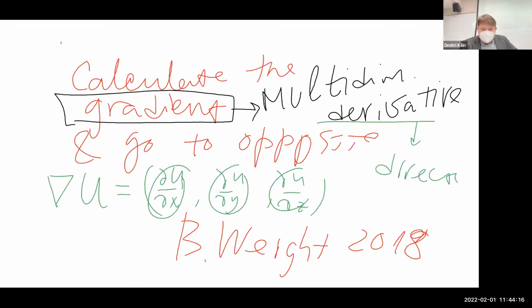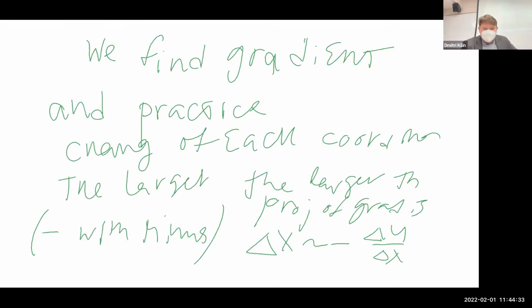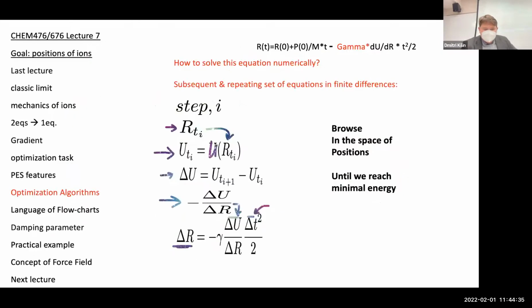So if it is more than 1 degree of freedom, the gradient is multidimensional. Our goal is to find the minimum of a function by exploring not the whole slice, but only a few values.